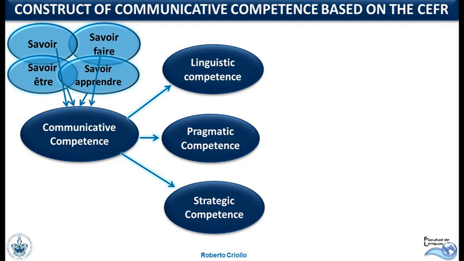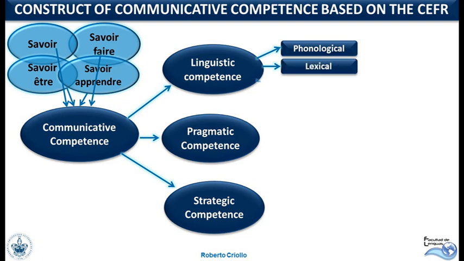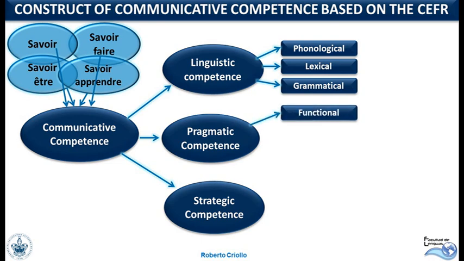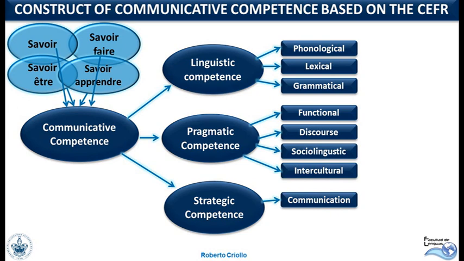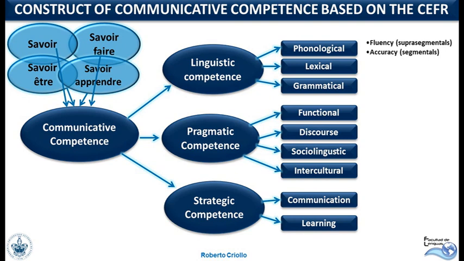For example, linguistic competence can be further divided into phonological competence, lexical competence, and grammatical competence. In the same way, pragmatic competence can be further divided into functional competence, and then discourse competence, sociolinguistic competence, and intercultural competence. And finally, strategic competence can be further divided into communication competence and learning competence.